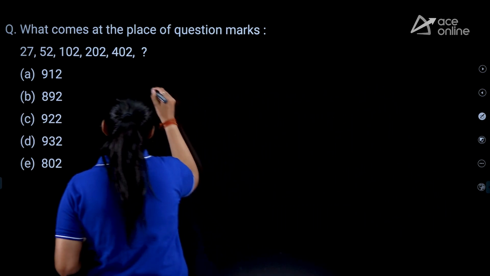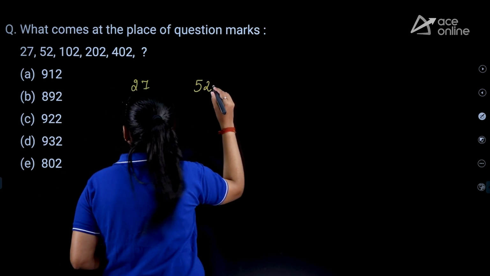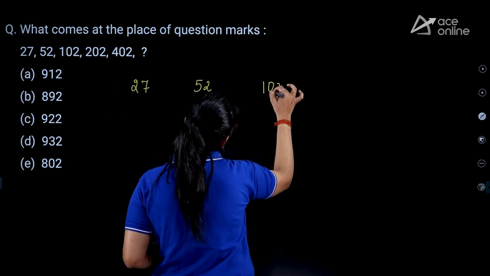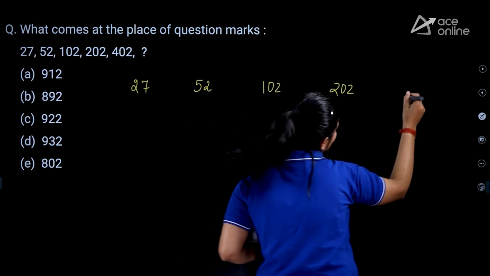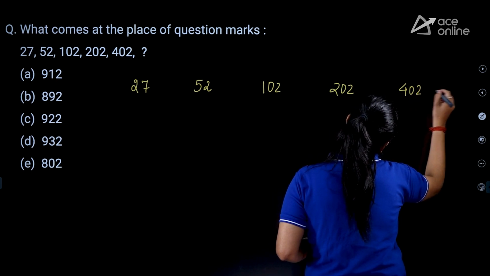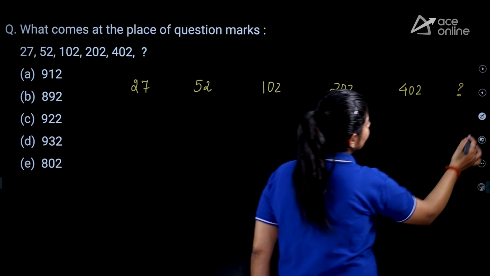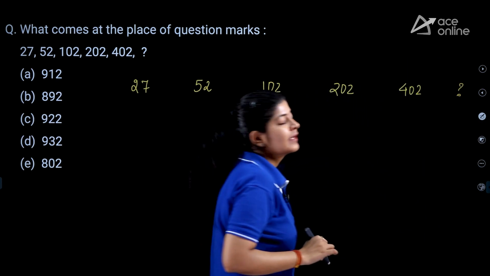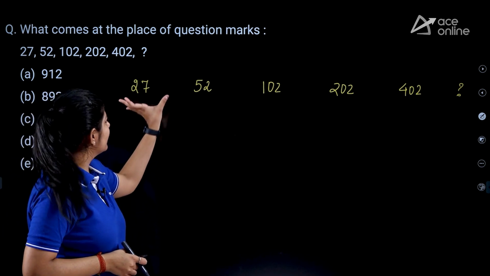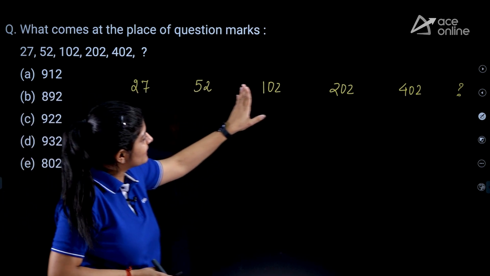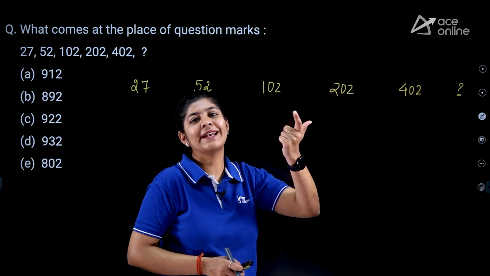Okay, so here I am having 27, after that 52, after that 102, after that 202, after that 402, and the question mark over here. Now let's suppose I am not able to crack the pattern between these two numbers, but when I see these three numbers, I can quickly detect the pattern.